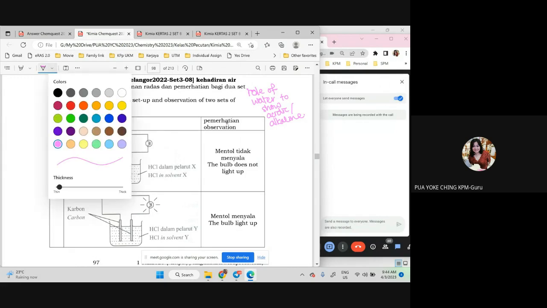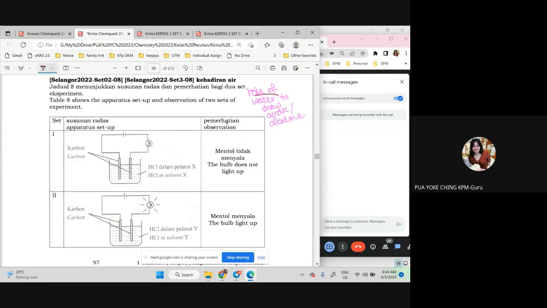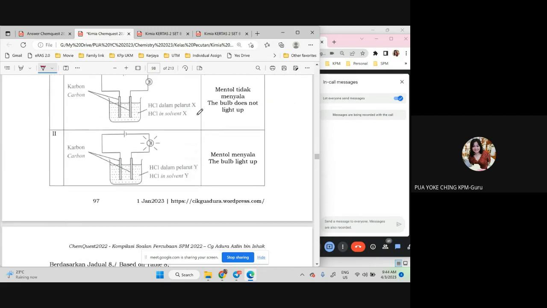We need the water, then only acid or alkali ionize. So this is HCl dalam pelarut X, HCl dalam pelarut Y. So if you see pelarut X, pelarut Y, solvent X, solvent Y.